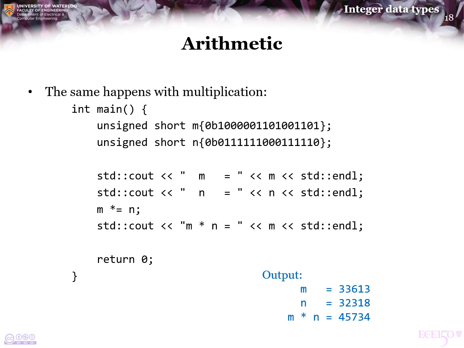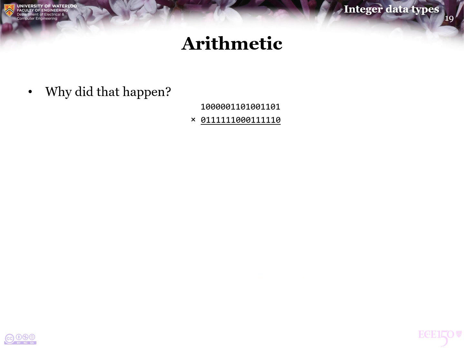Let's take these two numbers and multiply them together. Taking a look at the product, it really doesn't look like the product of those two numbers. It's only slightly larger than either one of them. Again, why did this happen? This is the product we are calculating.